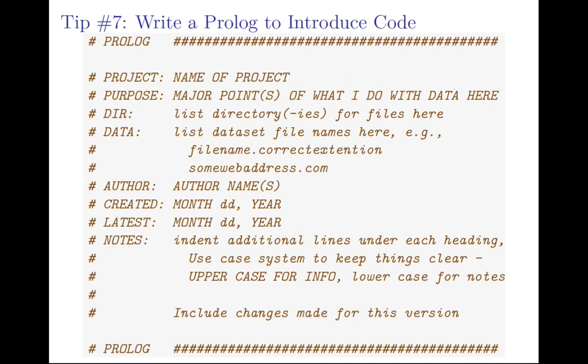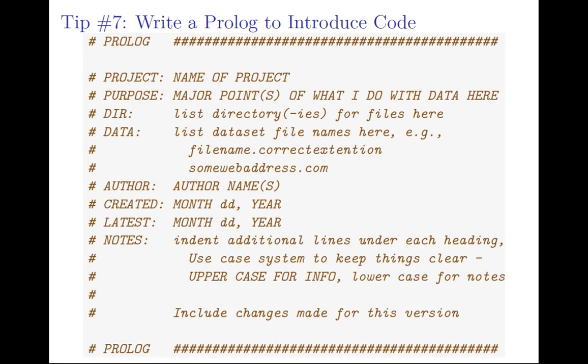You can list your data file names, including whatever files you have with the correct text extensions, or if you're collecting data from a web address, you can include that here. Your name, the date it was first created, and then the latest date.